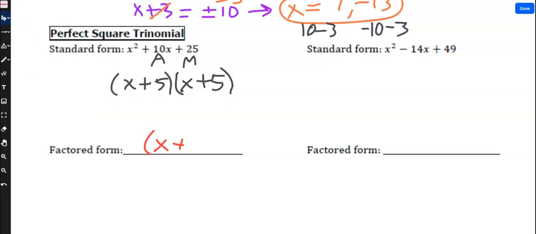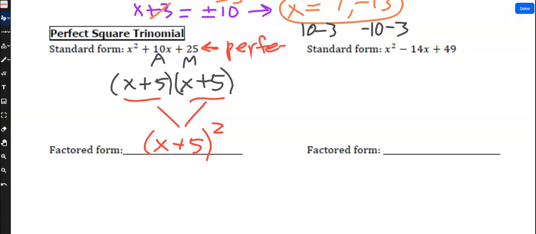That's the same thing as saying x plus 5 quantity squared. And it's really important that you understand that when you have two things that are exactly the same, you do want to write it as something squared, which means that the original thing right there is a perfect square.